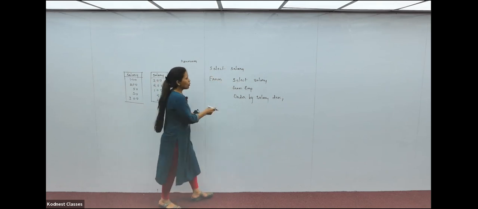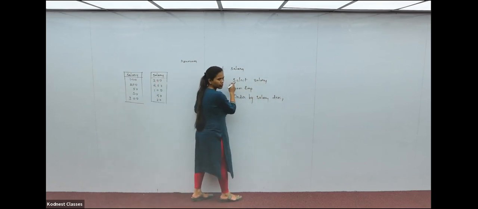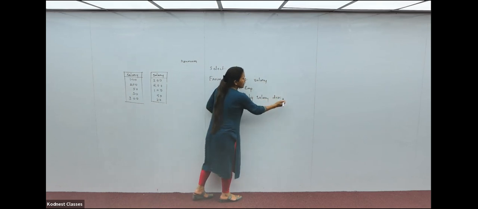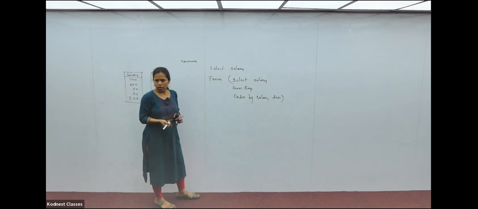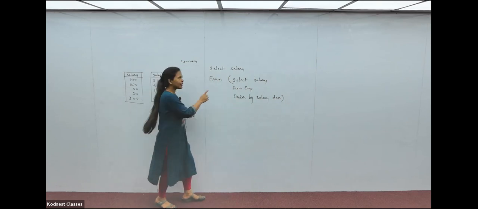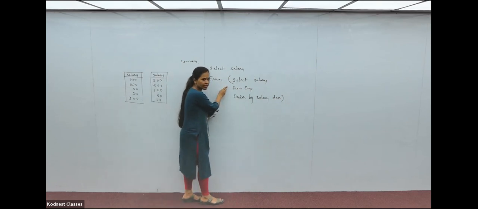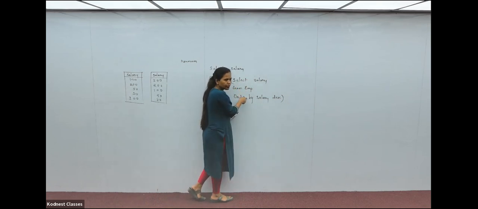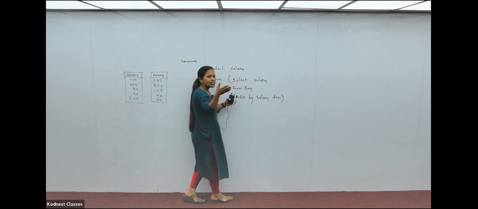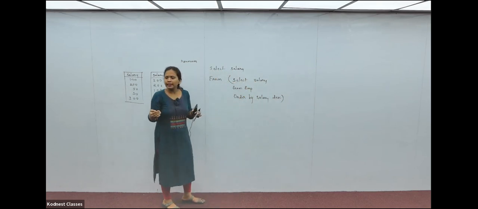Now, whatever I'm having here, this I will give as a table to this. Are you all understanding? Now, I'm not telling select salary from employee table. Rather, you know what is the output of this query? This query output is, I'm having the salaries which are sorted in the descending order.